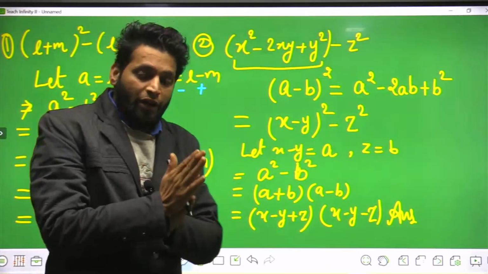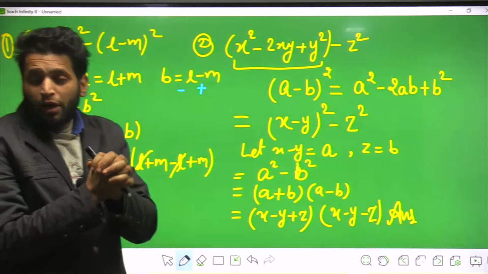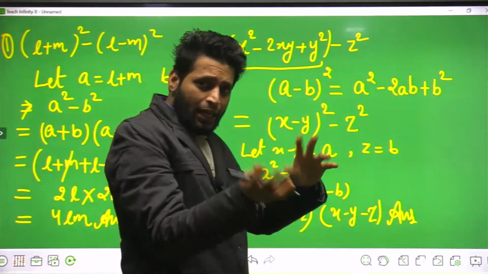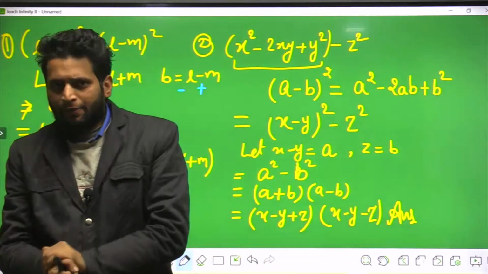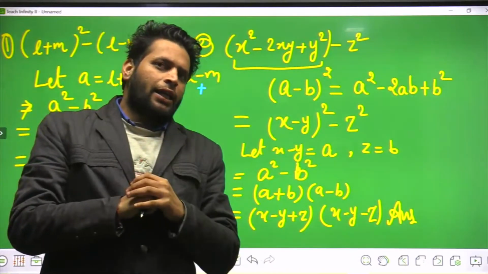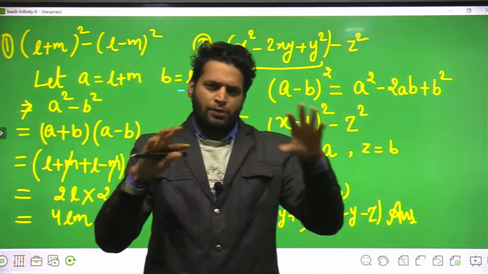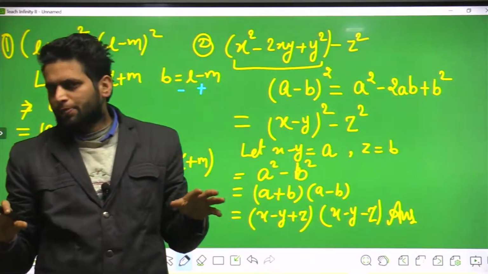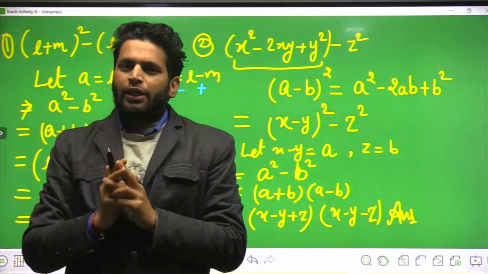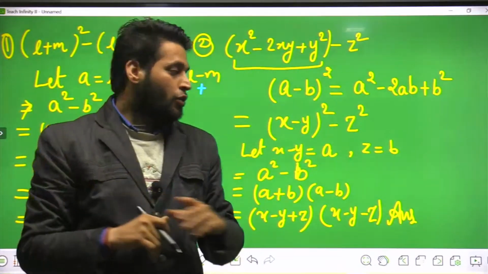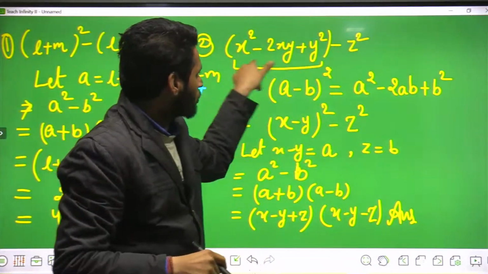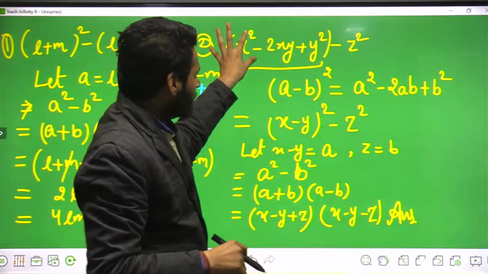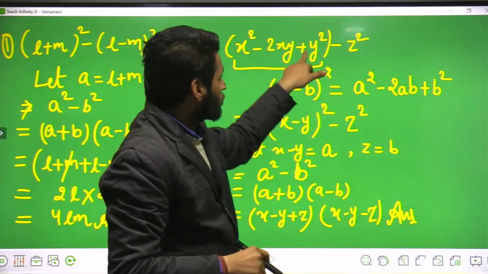When we compare a square minus 2ab plus b square with the question's x square minus 2xy plus y square, we can tell that a is equal to x and b is equal to y.